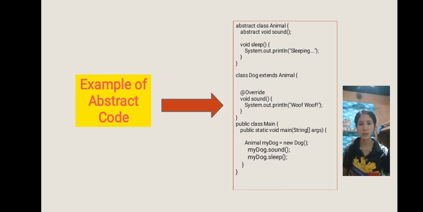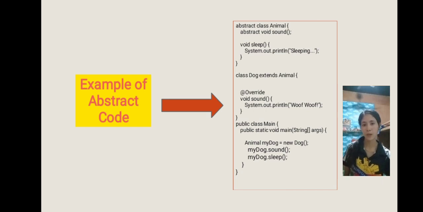So, we can say that it is an abstract class if it has an abstract keyword or abstract modifier.